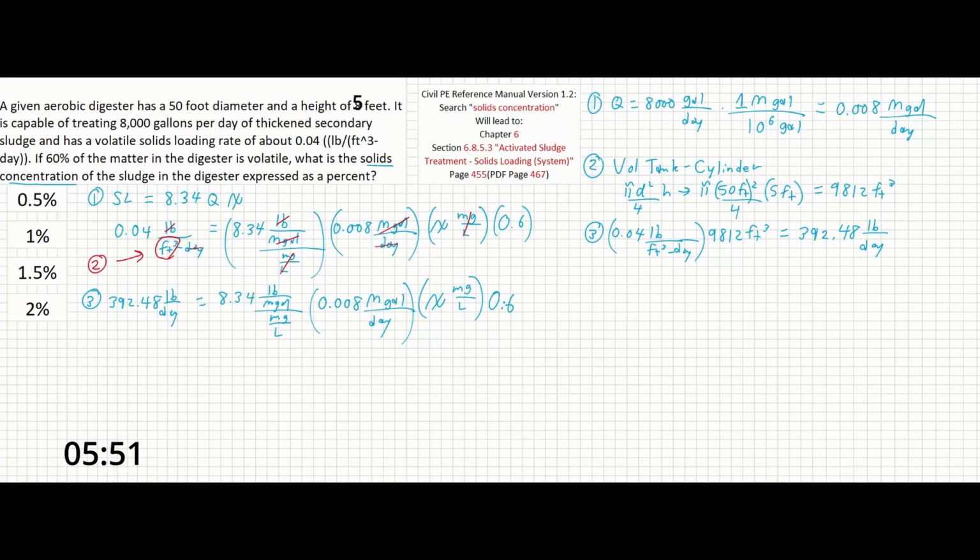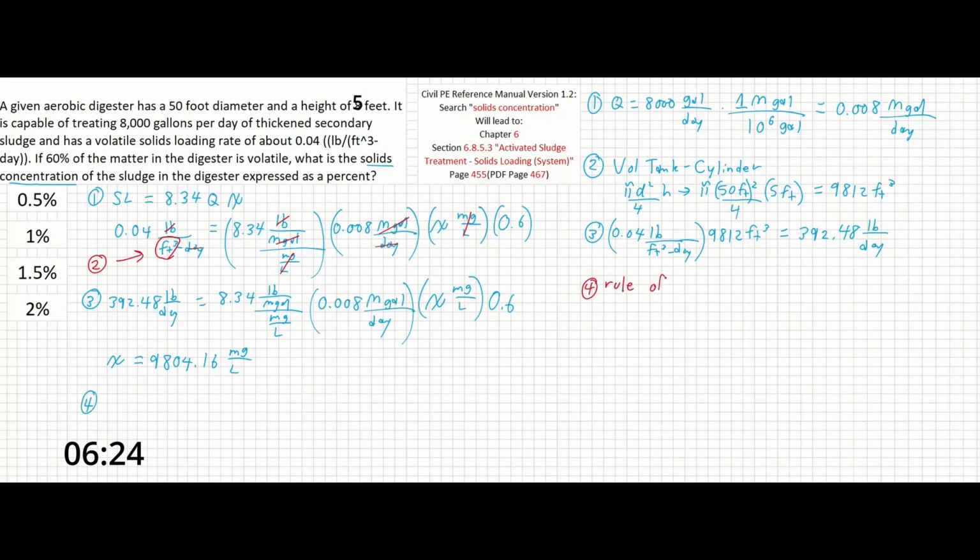So once complete, all of our terms are ready to be crossed out so we can solve for x. So x here is going to be about 9804.16 milligrams per liter. Finally, we need to know how to convert x given in milligrams per liter into a percent, as that is what the problem is asking for. So we can use a rule of thumb.